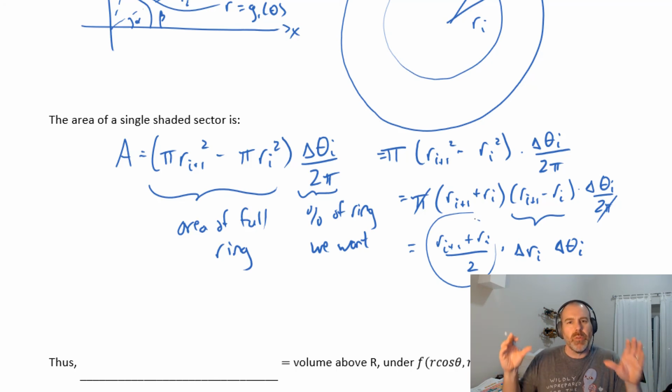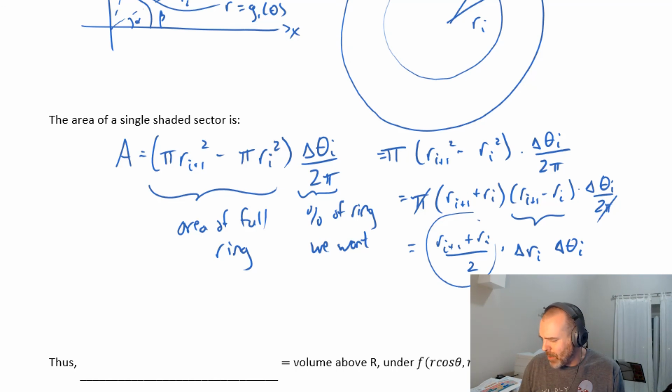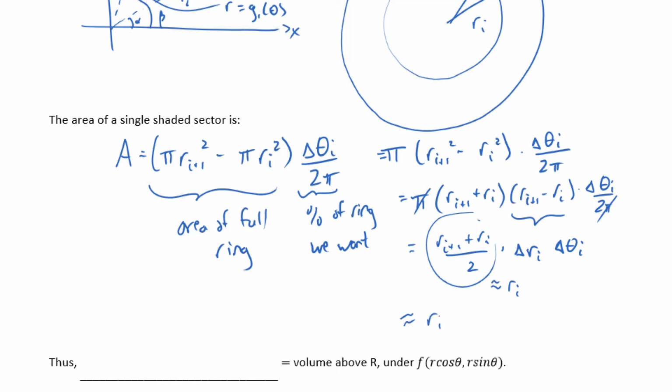But we're becoming infinitely small, so it's not crazy to say that that's approximately r sub i, especially as our norm gets smaller and smaller. We're going to say this is approximately r sub i times delta r sub i delta theta sub i. That is the area of our representative piece.